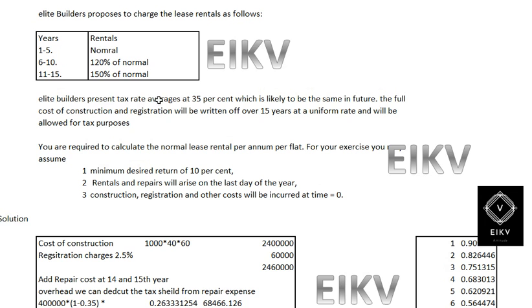Allied Builders' present tax rate is an average of 35%, which is likely to be the same in future. The full cost of construction and registration will be written off over 15 years at a uniform rate and will be allowed for tax purposes. You are required to calculate the nominal lease rent per annum per flat for your exercise.